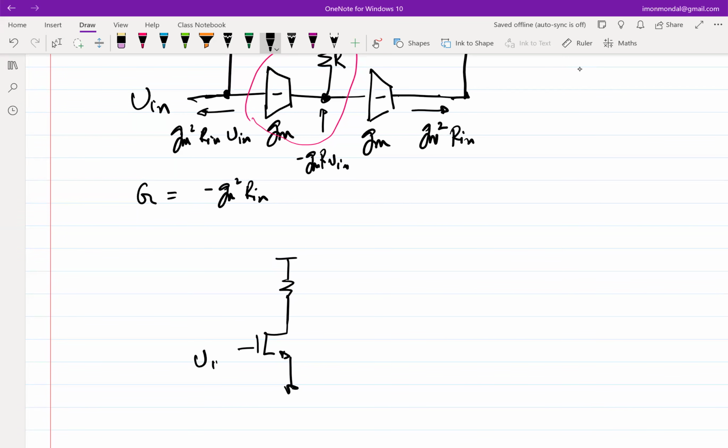So this is V in. This is this node. Then I follow it up with another common source amplifier. If the first one has a load, let's say the second one also has a load.